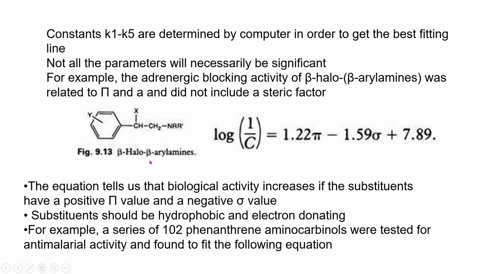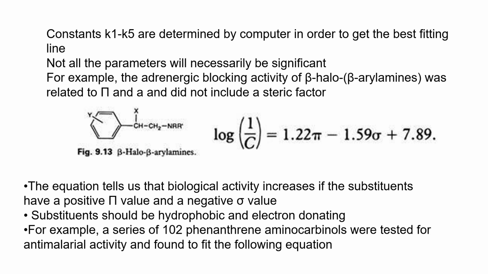beta arylamines, and if we are going to calculate the values, the equation tells us that biological activity increases if the substituent has positive pi values and negative sigma values.